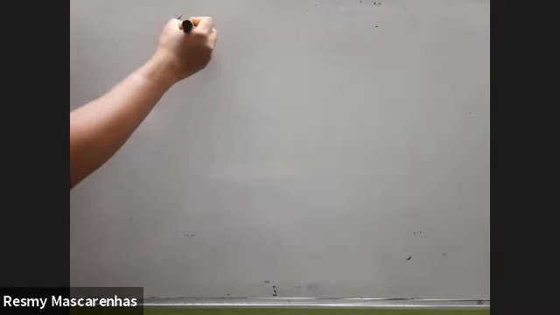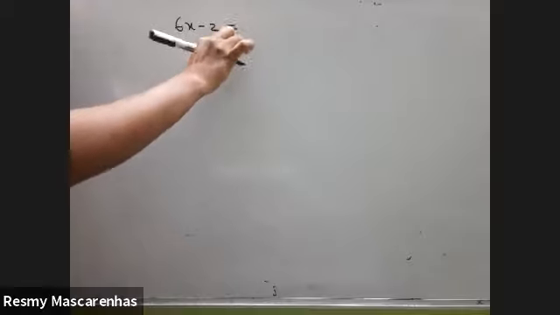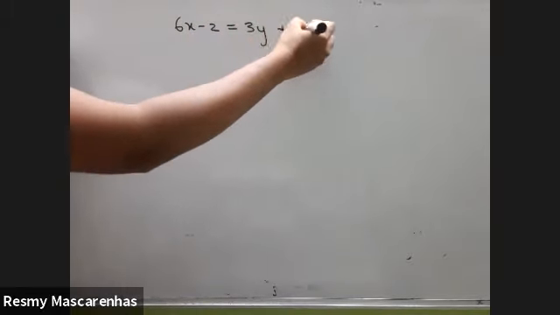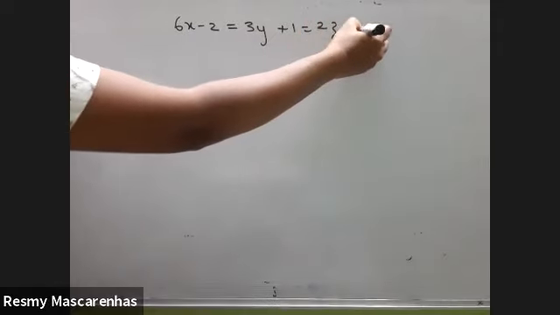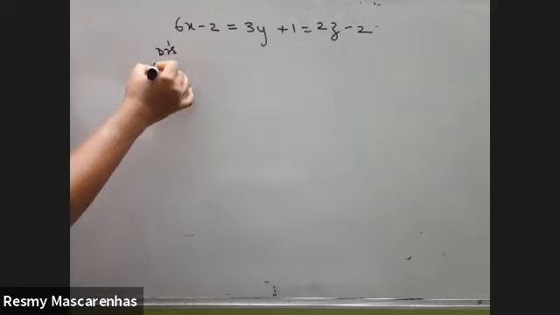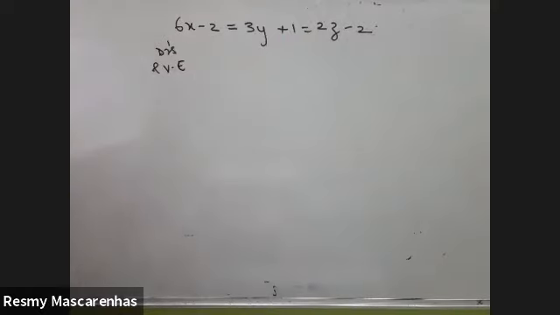Now the fifth one: find the direction ratios of the line. Cartesian equation has been given to you. Whenever this equal to is there, you should know that it is a Cartesian equation. So we have to find the direction ratios and vector equation.